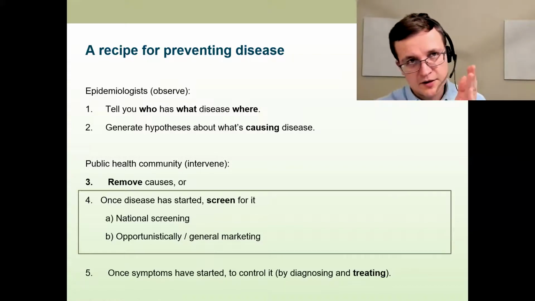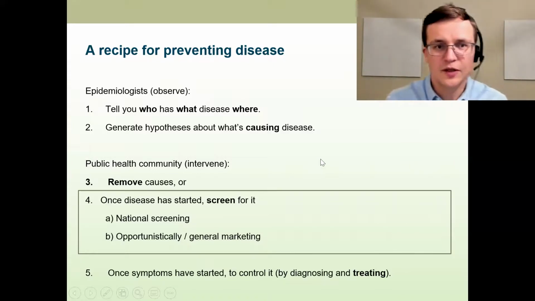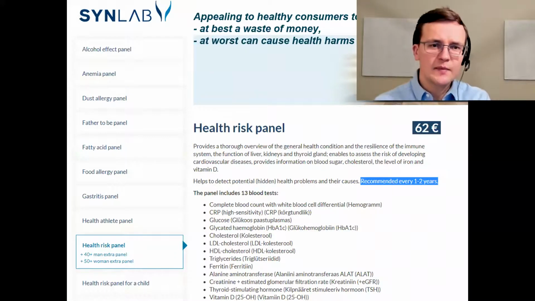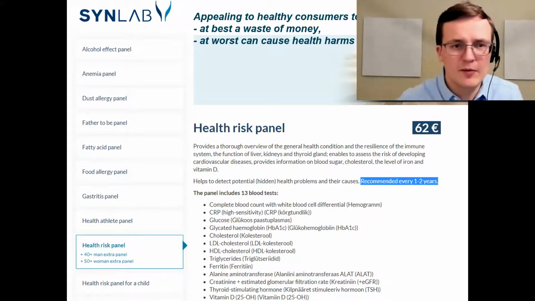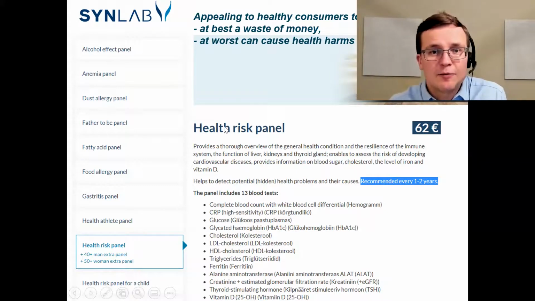So let's look at how you cleave those two apart. How do you know whether a screening program you've heard about is either a 4A, a good one, or a 4B, a bad one? Here's one that caught my eye. A big supplier of laboratory tests in Estonia called SynLab advertises on their website: for 60 euros, you can get this panel of all sorts of tests. You can do it every couple of years, and they haven't got any GPs.